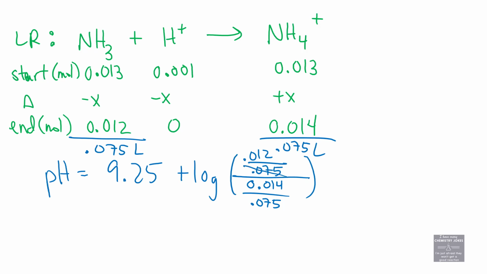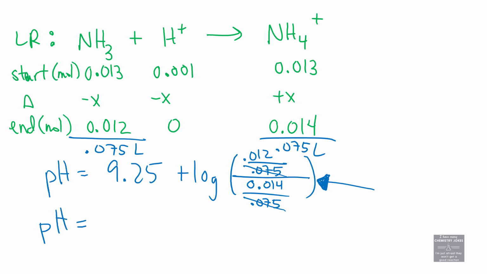The cool news is dividing by the liters would cancel out entirely. So make sure you're paying attention when I say, even though this is supposed to be concentration values, the fact is you're dividing the moles by the same volume on the top and bottom of your equation, so you can actually insert moles directly.